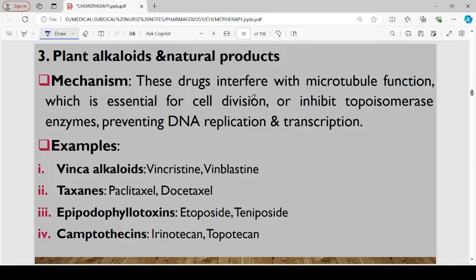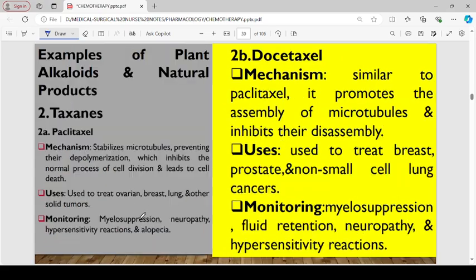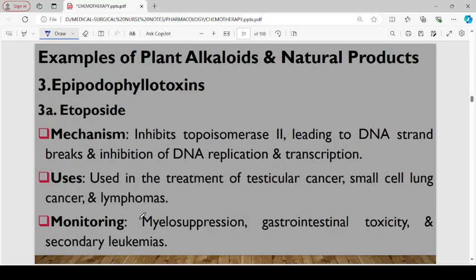So we have drugs like the vinca alkaloids, the taxanes, epipodophyllotoxins, and camptothecins, right? So the vinca alkaloids include examples like vincristine and vinblastine, while the taxanes include examples like paclitaxel and docetaxel.